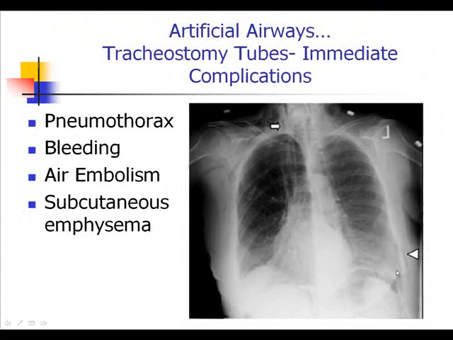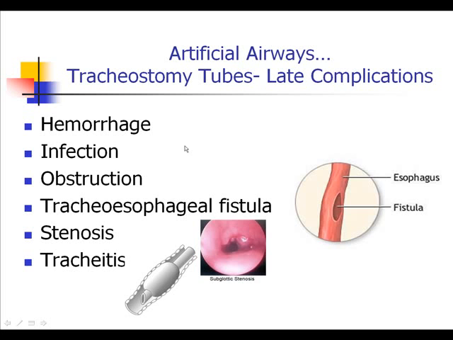Well, if these are some of the immediate or short-term complications, some of the longer-term or late complications that can develop are hemorrhaging, infection, obstruction, either by mucus or bronchospasm distally. And some of the later ones, if the trach is in for a long time, if you're not monitoring the pressures on the tracheal wall, you could develop a tracheoesophageal fistula, which you can see.